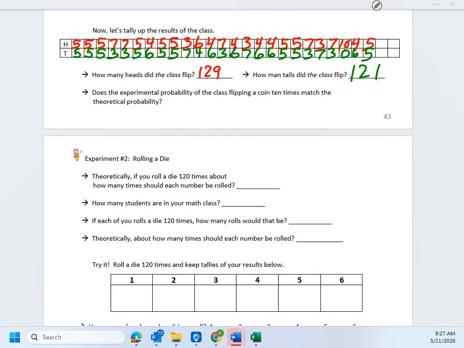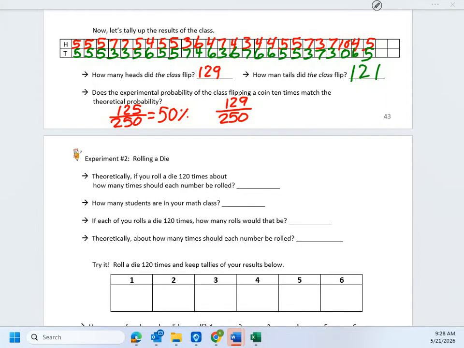So we're going to remember what our theoretical probability was. We should have had 125 out of 250 for both heads and tails. What probability is that? 125 divided by 250. Rhoda? 50%. So for our heads, we had 129 out of 250.